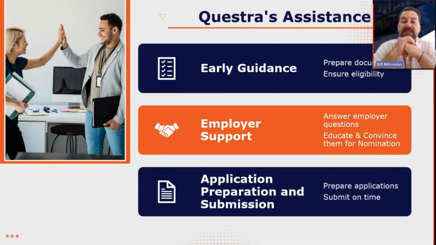So obviously, aside from that, there's the application preparation and submission. We work closely with your employer, also with the visa applicant, to ensure that all the necessary documentation is prepared in a timely manner.